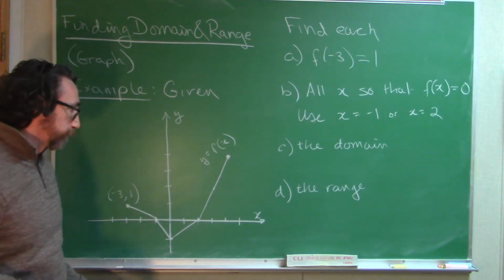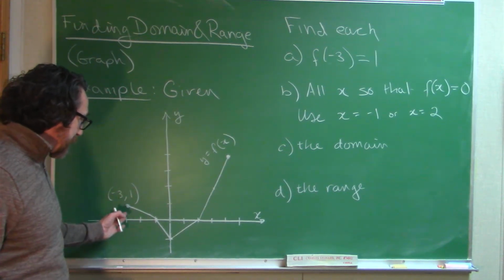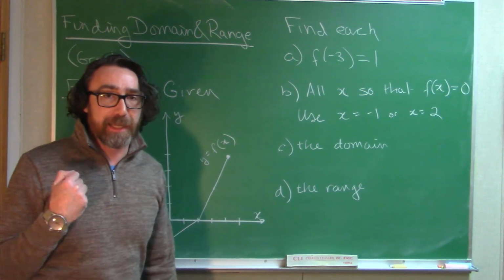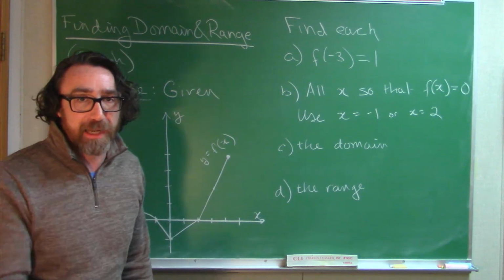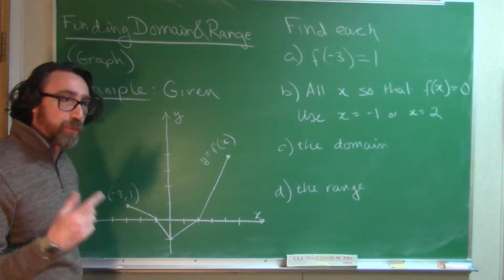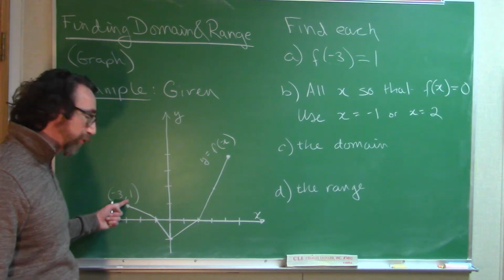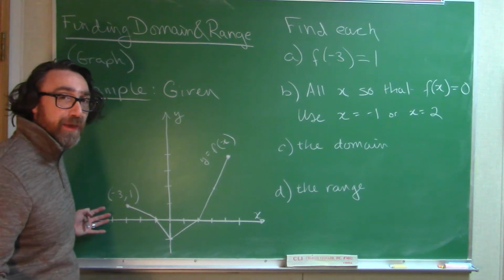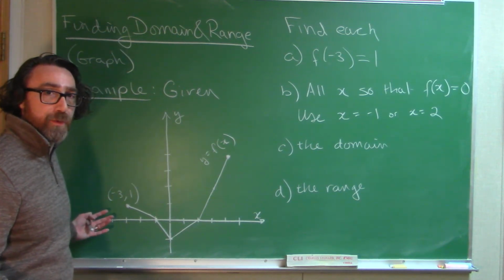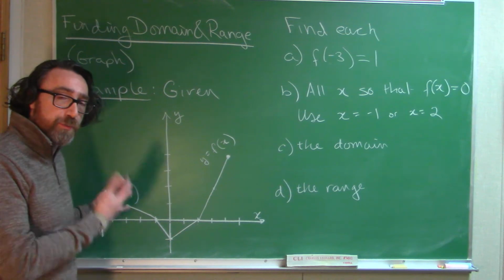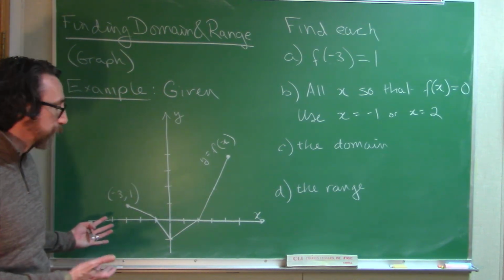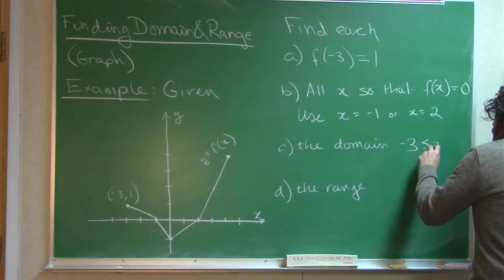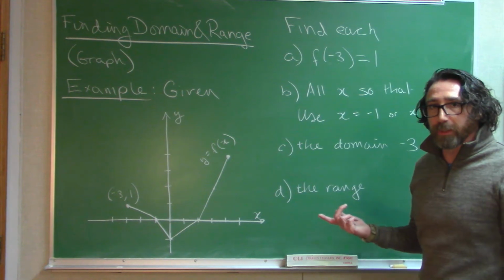Okay? So, I'm looking at the x-axis. Okay, remember, on the graph of a function, the x-coordinates represent the input values. So I'm thinking, okay, what's the smallest input I could use? Well, it looks like -3. If I tried to use an input of -4, well, there's no point on the graph with -4 as the x-coordinate. So I can't use -4. The smallest x value I can use is -3. So I'm thinking, okay, -3 is the smallest x value, so my x's are all greater than or equal to -3.